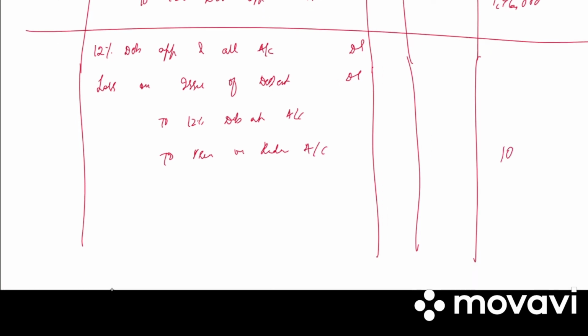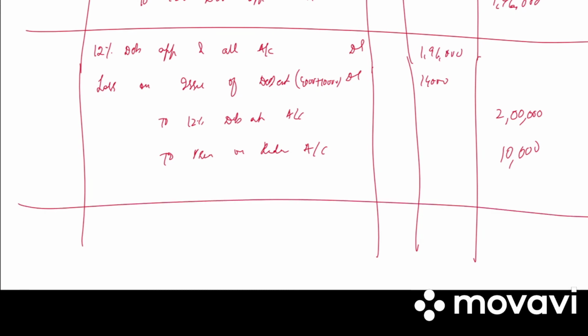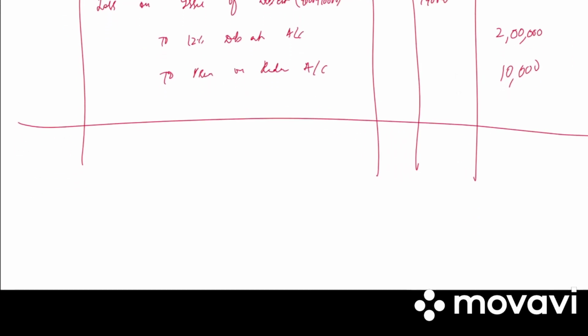So premium on redemption will be 10,000. 12% debenture is 2 lakh. How much is the discount? 4,000. So 4,000 plus 10,000 is loss on issue of debenture, that is 14,000. 1,96,000 is debenture application and allotment account. Write the narration. Transfer of application money to debenture account, issued at a discount of 2% and redeemed at a premium of 5%.